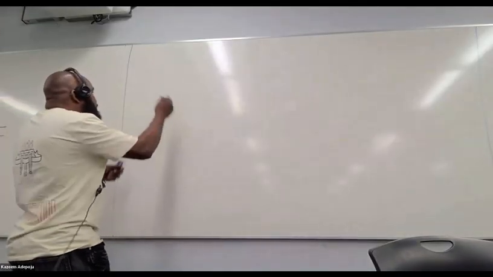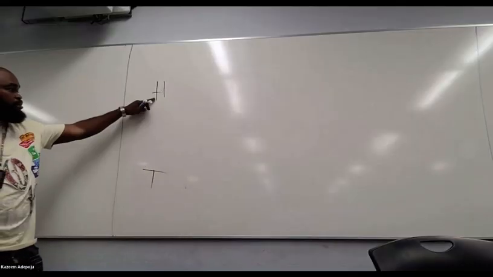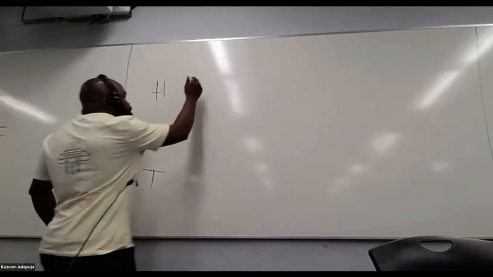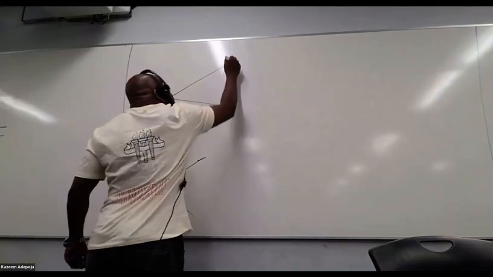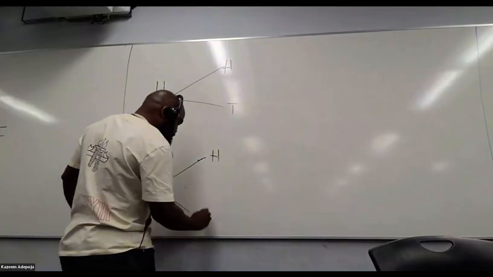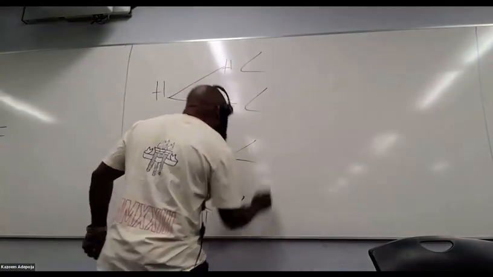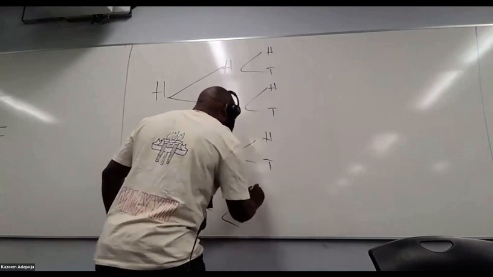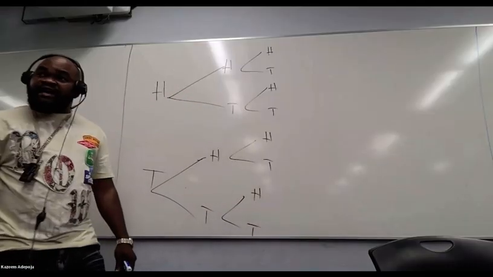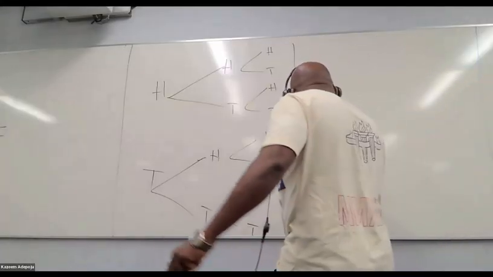If I want to go by way of a tree diagram, tossing a coin 1 time, I'm going to have just head and tail. 2 times: head, tail, head, tail. 3 times: head, tail, head, tail, head, tail, head, tail. That is 3 times.